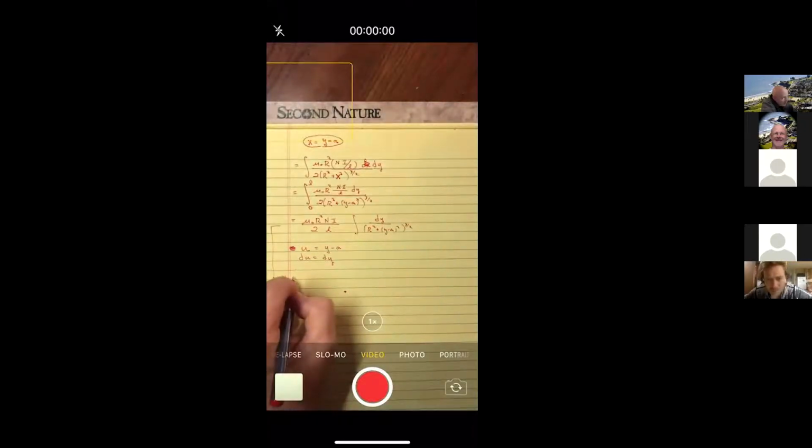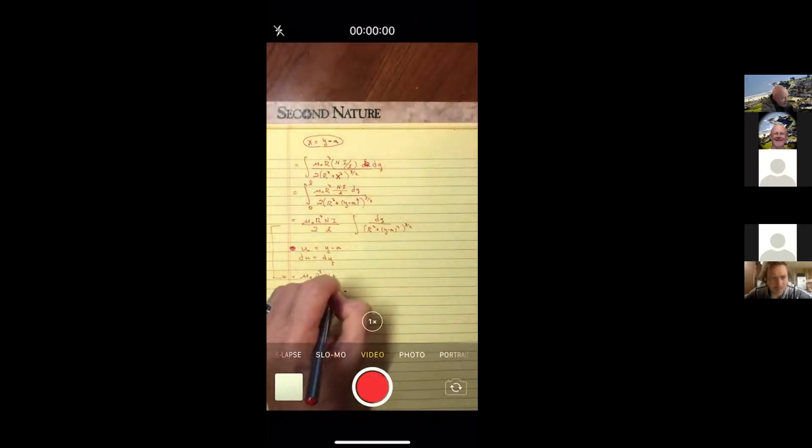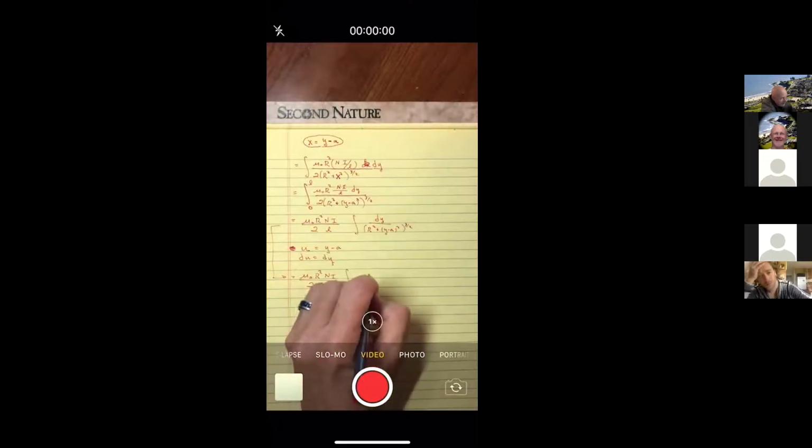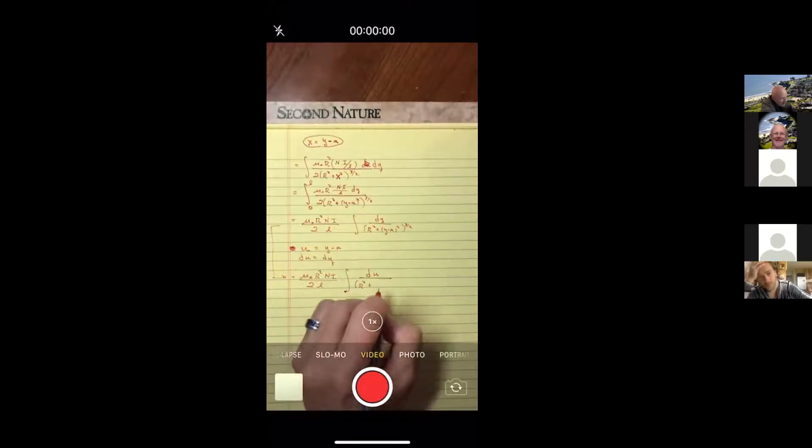So this integral becomes mu naught n I over 2L, and now I've got an integral of du over r squared plus u squared to the 3/2 power.